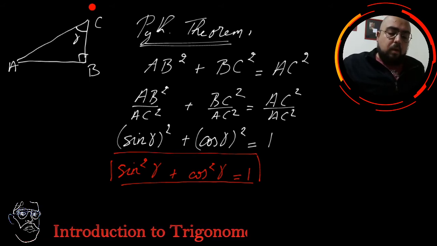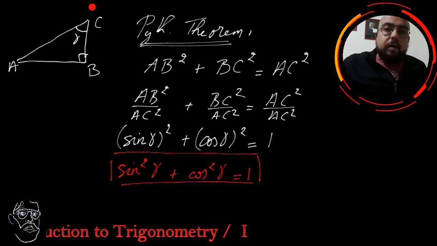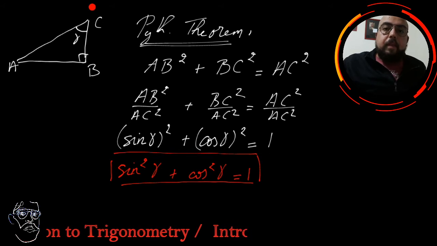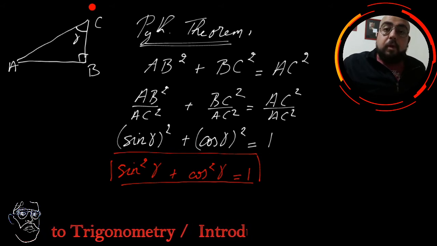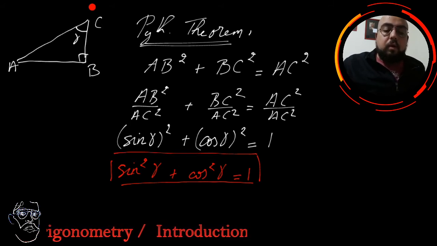Now, what about the particular angles that we can find directly through, of course, our right triangle, but it's going to be some particular triangles like semi-equilateral triangle or isosceles right triangle.